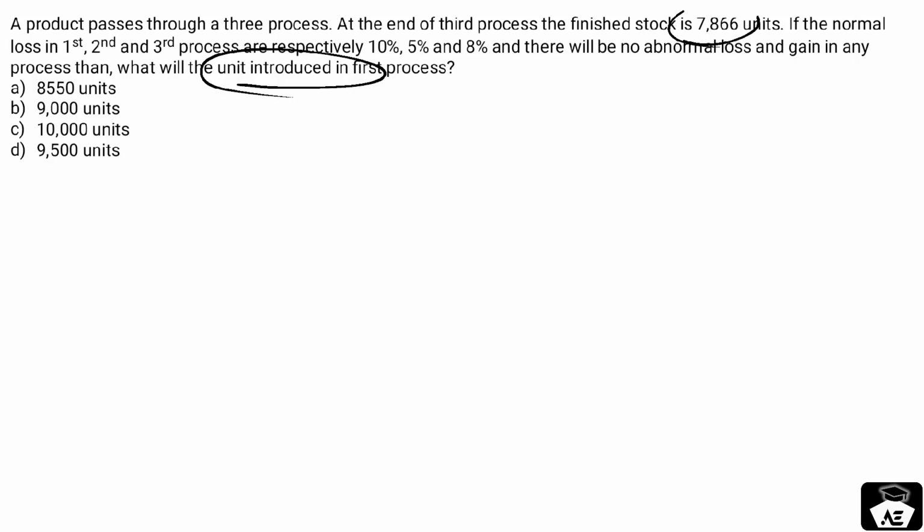And you are given with few normal loss percentage in each process, that is process first, second and third. एंड आपको ये भी बोला है कि यहाँ पे कोई नॉर्मल लॉस या नॉर्मल गेन, एबनॉर्मल लॉस या एबनॉर्मल गेन नहीं है.